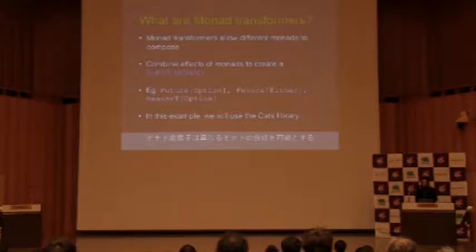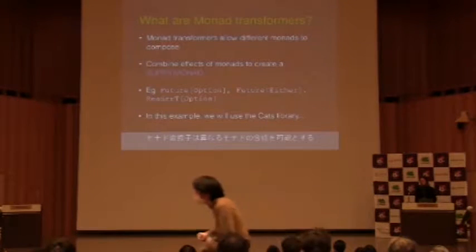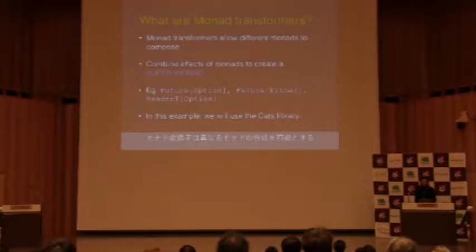Likewise, you can also have a future of either, where the either effect is two different types, or you can have a reader T, where the reader lets you do dependency injection or something.